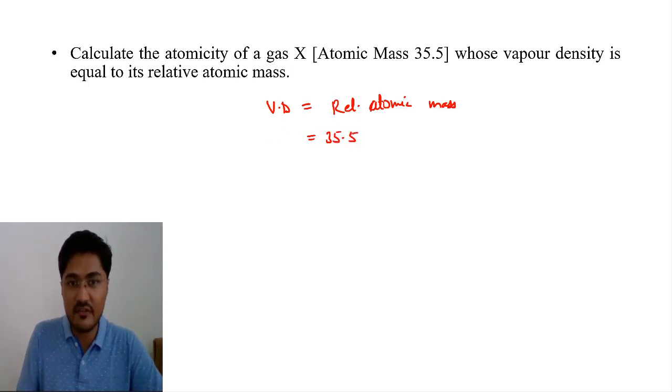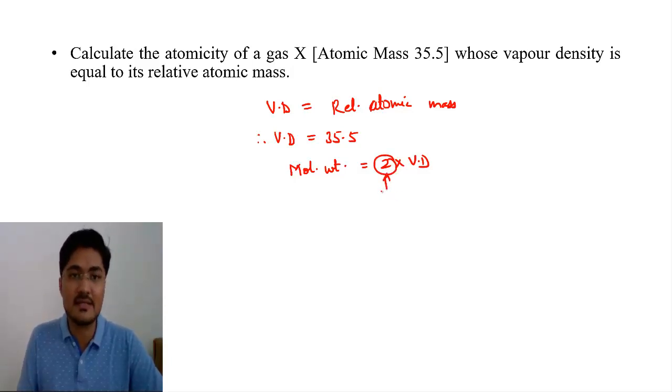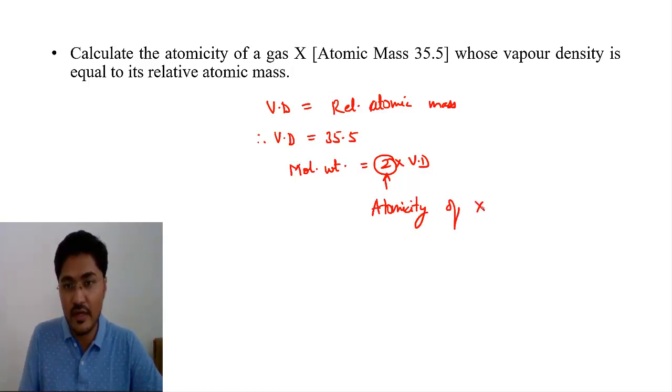So the atomic mass is 35.5 and vapor density therefore is 35.5, and we know that molecular weight is twice the vapor density, and hence we can simply state that 2 atoms of X are required, that is its atomicity. So that is the atomicity of X gas.